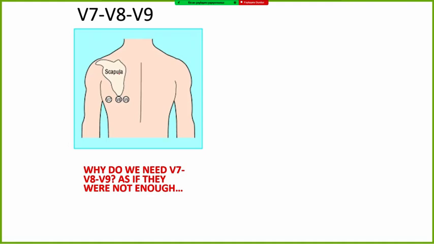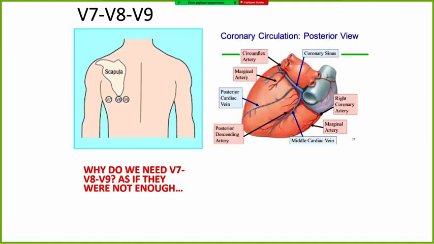So we place another 3 electrodes under the scapula in order to evaluate the posterior descending artery's blood supply to the heart muscle in the posterior wall of the heart.